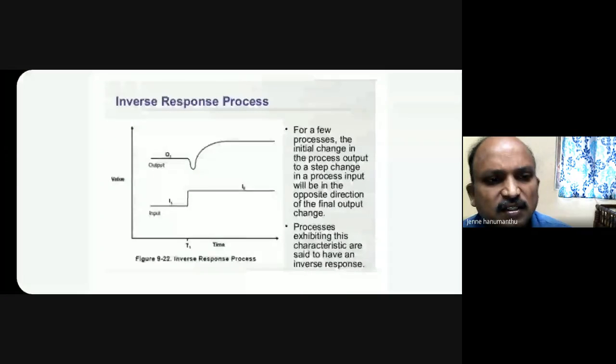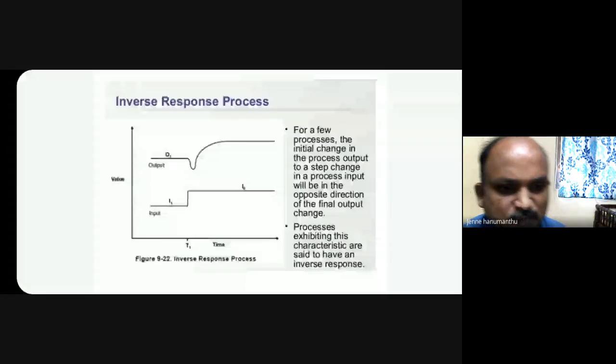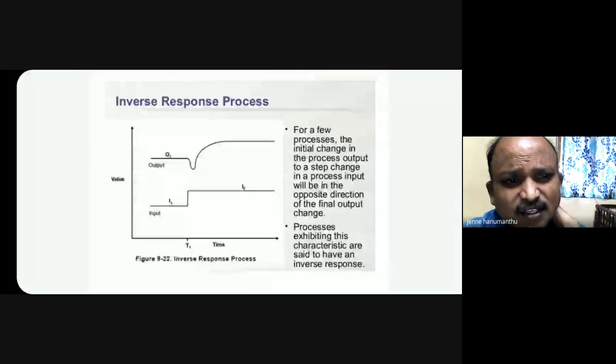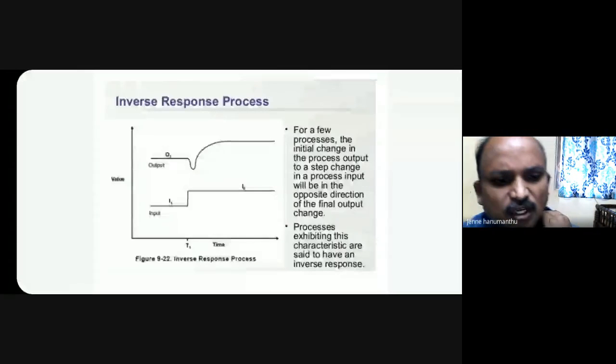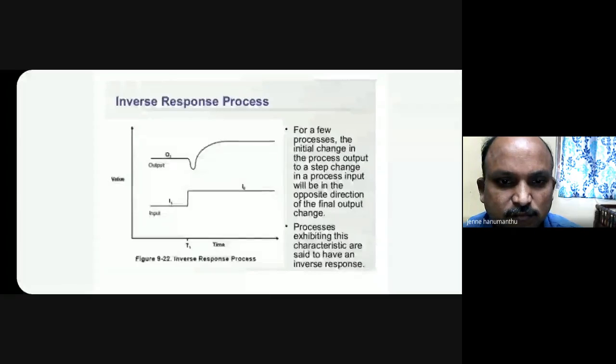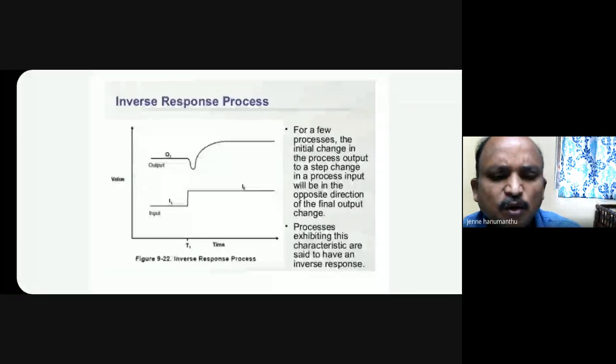Inverse response. So, what is the inverse response of the process? Actually, inverse response is nothing but hysteresis.